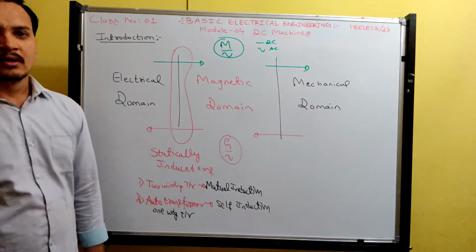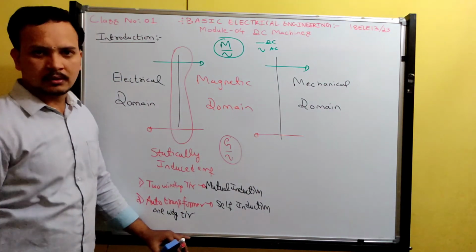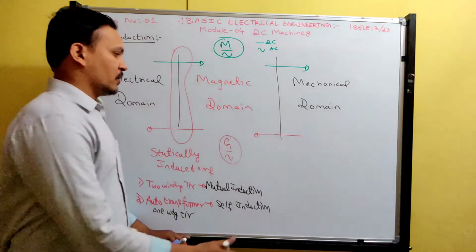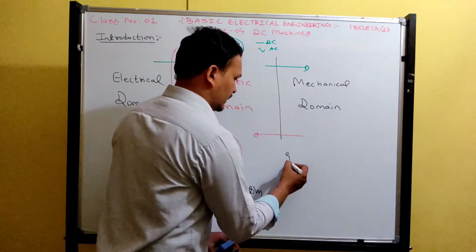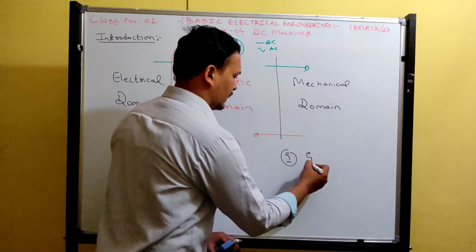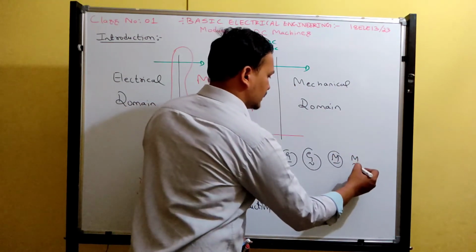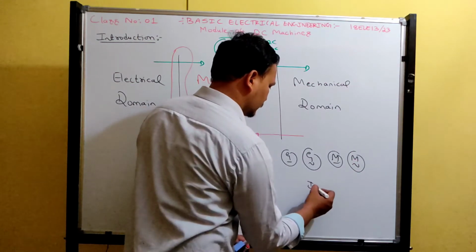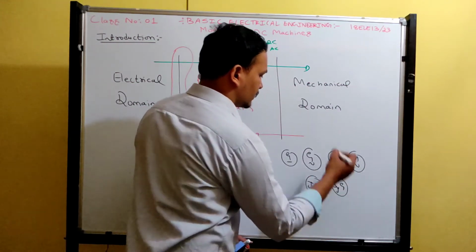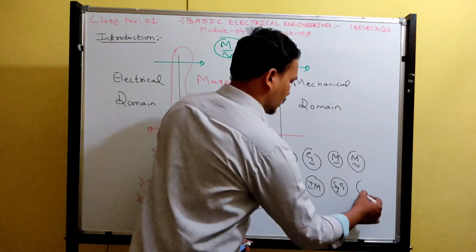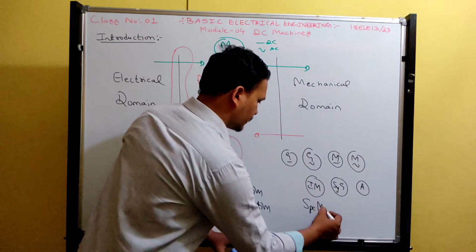What are other machines? You might have heard of or observed them in your lifetime. Generators: DC generator, AC generator, DC motor, AC motor, induction motor, synchronous generator or alternator, or special machines.